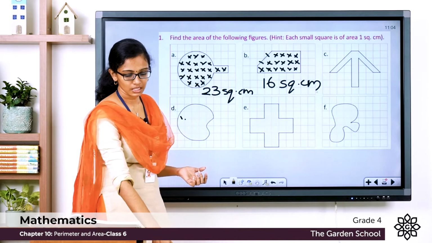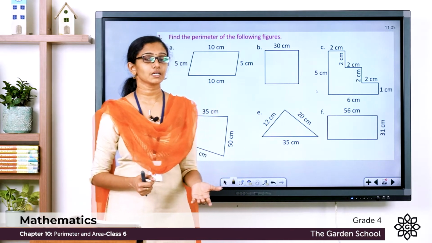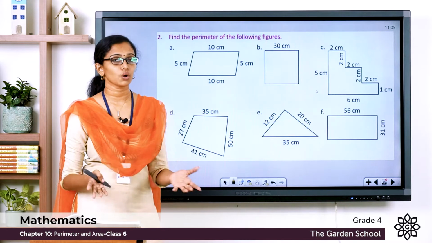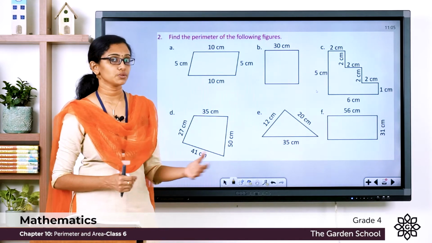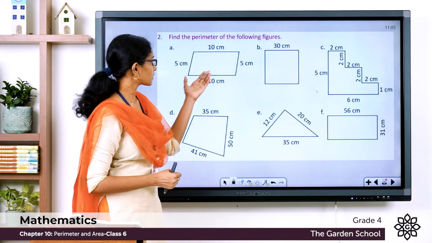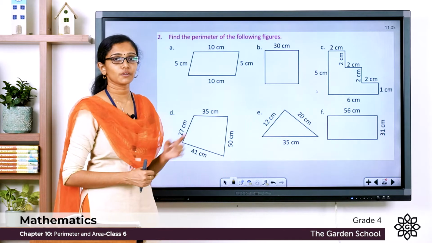Now the second question: find the perimeter of the following figures. So what is perimeter? Perimeter is the length of the boundary of a closed figure. And we have seen how to find out the perimeter of some polygons. So the first figure here, the measurements are all given. So how do we find out the perimeter of this figure?